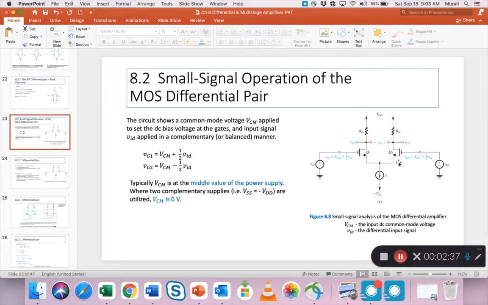You want it to be rejected. So in this section, we define a way of understanding how well our differential circuit is able to reject common mode signals but only amplify differential signals. Those are all the topics under 8.2.